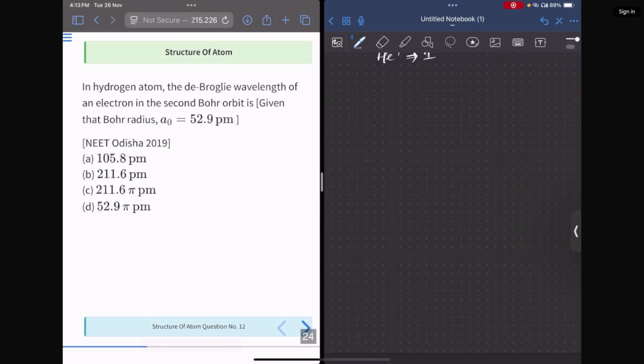In the hydrogen atom, the de Broglie wavelength of an electron in the second Bohr orbit is given. It is asking what will be the de Broglie wavelength of that electron in the second Bohr orbit.